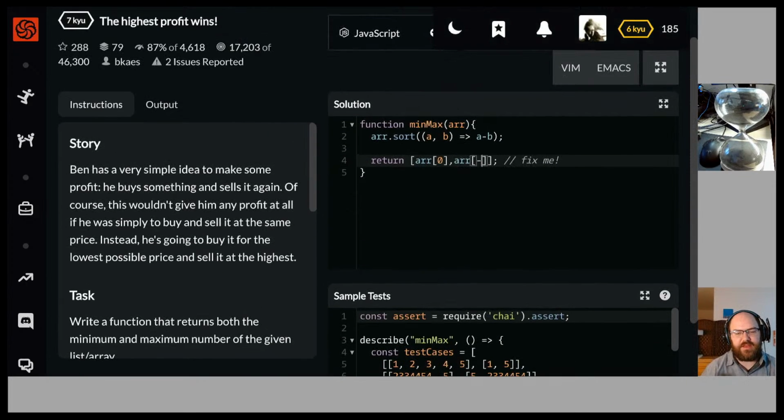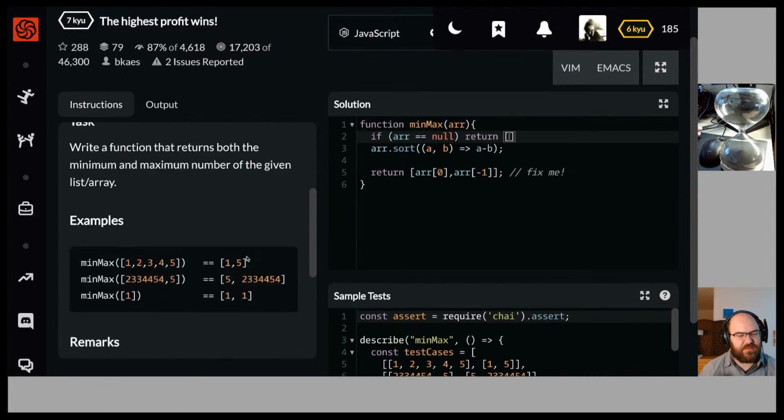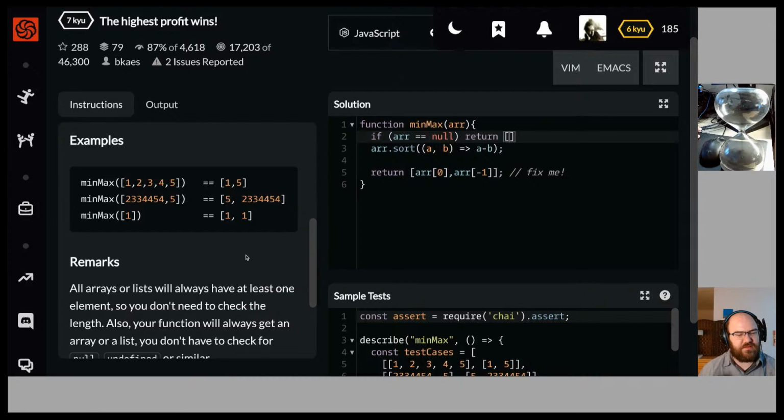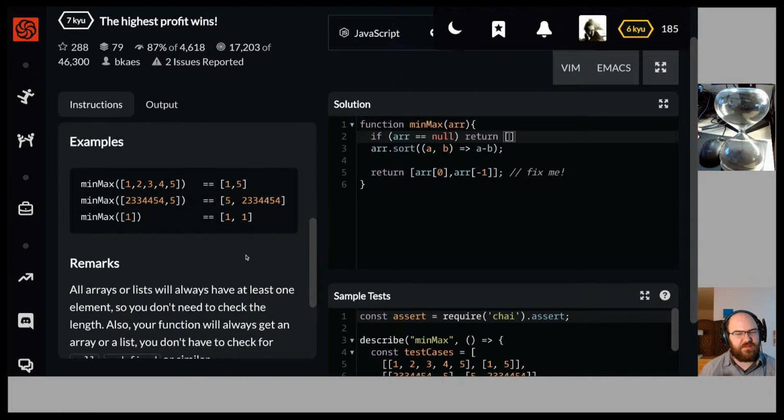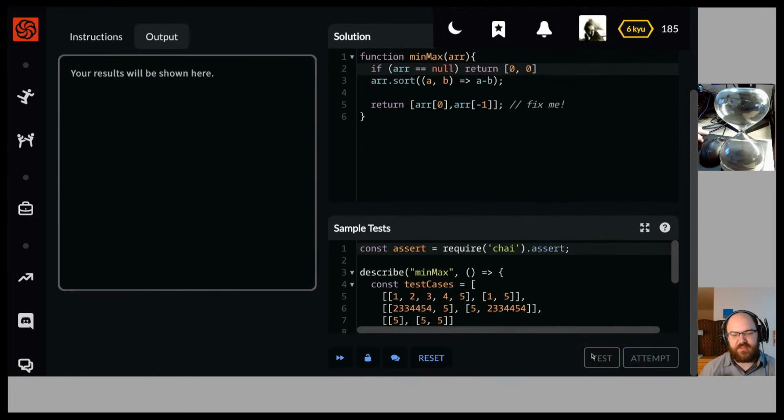Array at -1, and let's handle if array double equals null, return, I don't know what it wants me to return in that case. We'll just do 0, 0. See if that even comes up.